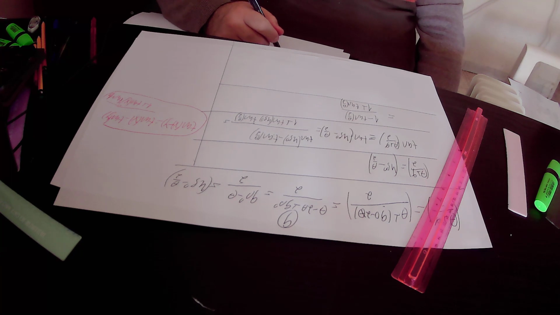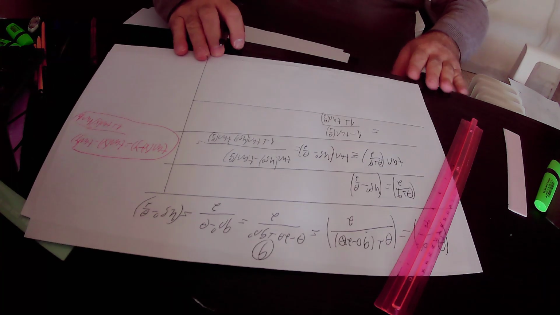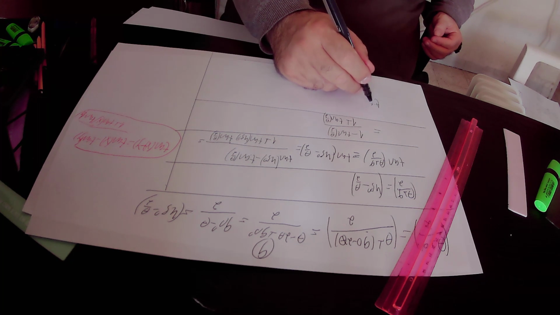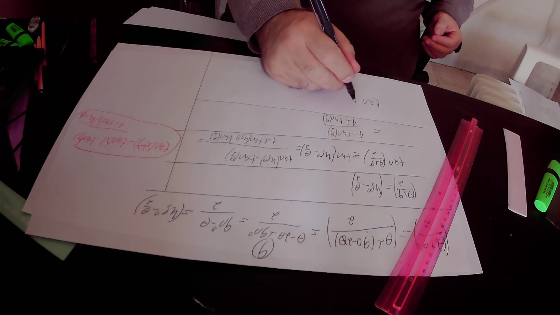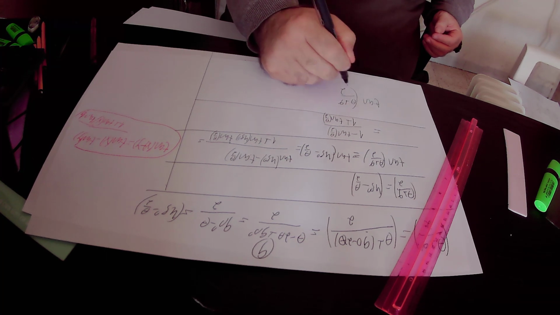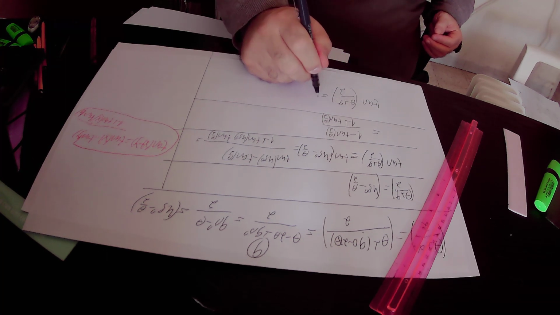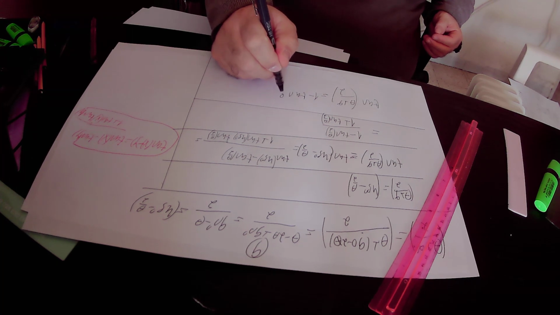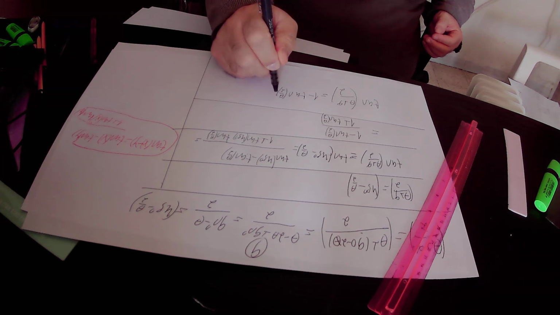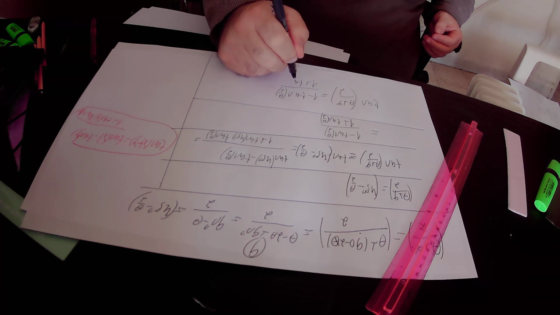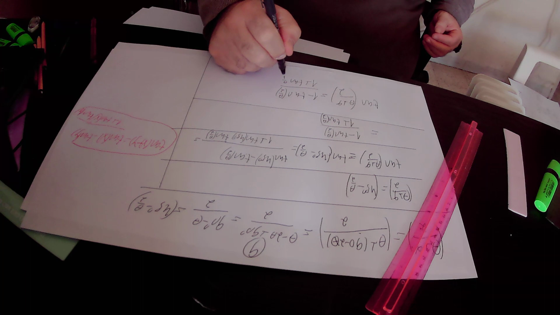So in conclusion, we actually found out that tangent of (theta plus alpha) over 2 is actually equal to 1 minus tangent theta over 2, over 1 plus tangent theta over 2.